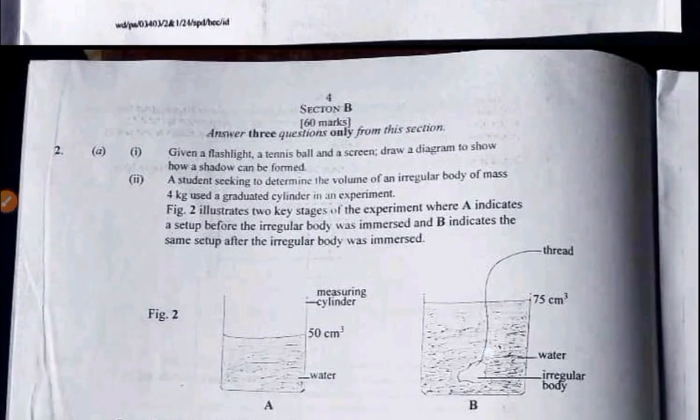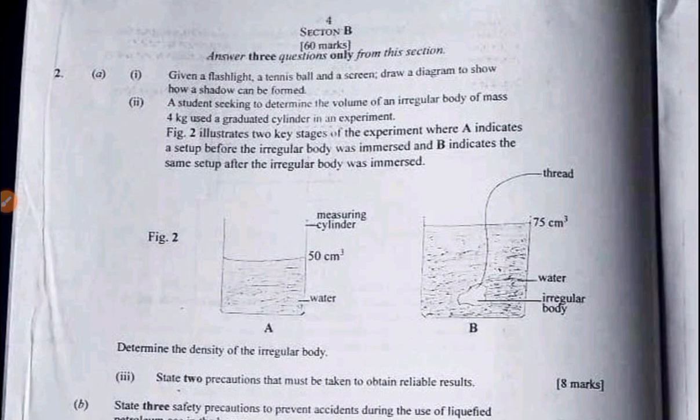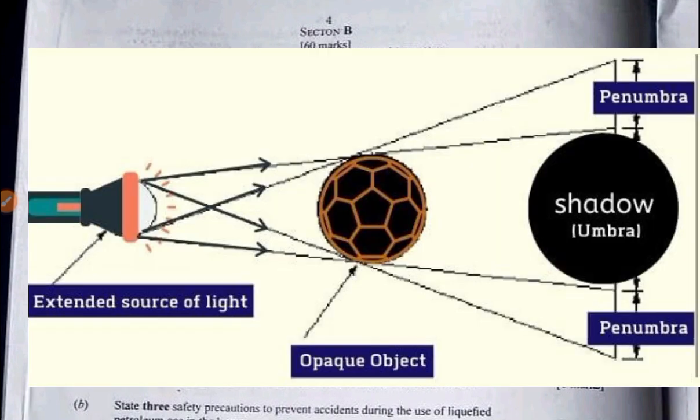So we move on to section B, in the written aspect. We are done with the practical. So question 2A. We are given a flashlight, a tennis ball, and a screen. Draw a diagram to show how shadow can be formed. So the diagram you are seeing on your screen right now is showing you exactly what you are supposed to draw.